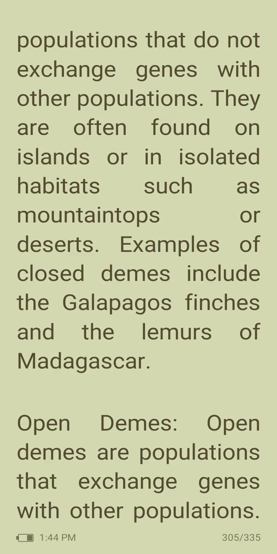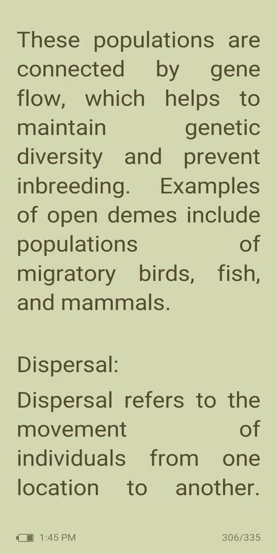So open demes are populations that exchange genes with other populations. Those populations are connected by gene flow, which helps to maintain genetic diversity and prevent inbreeding. Examples of open demes include populations of migratory birds, fish, and mammals.